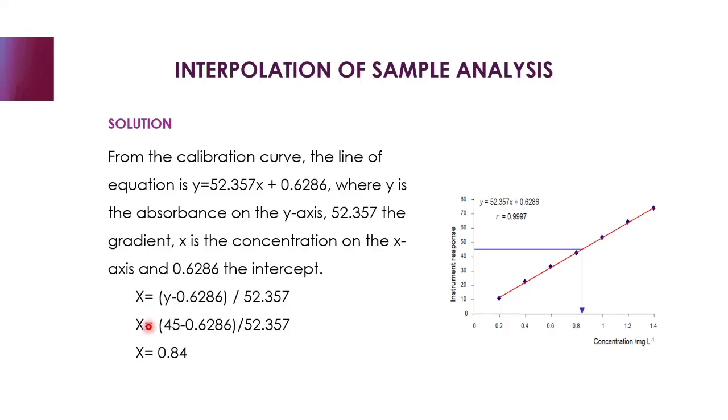So if you substitute 45 in place of y, we will get 45 minus 0.6286, all divided by the slope. So our final value for S will be 0.84. What it means is that the protein concentration of our sample is 0.84 milligrams per liter.